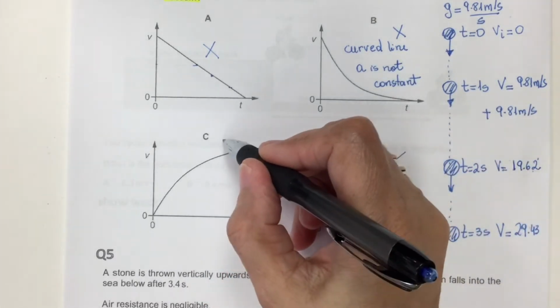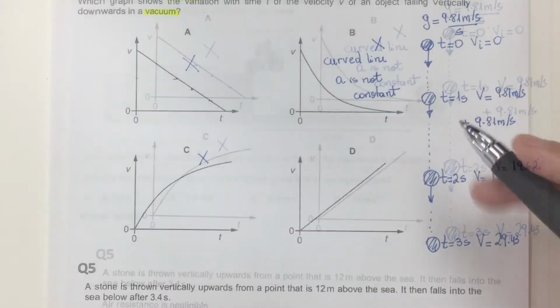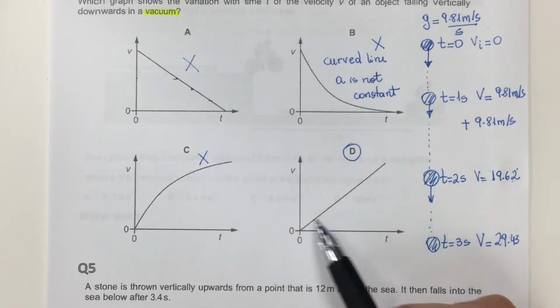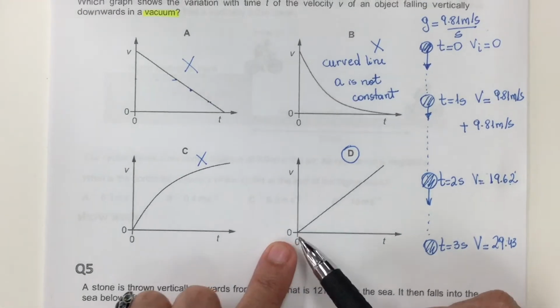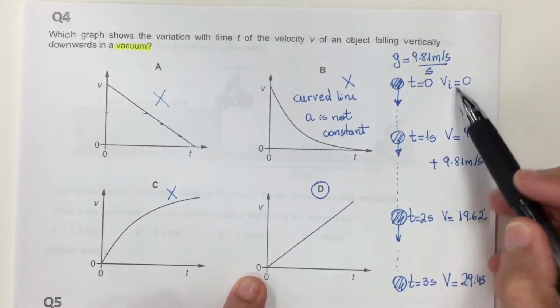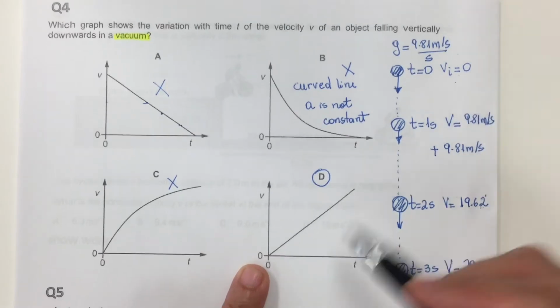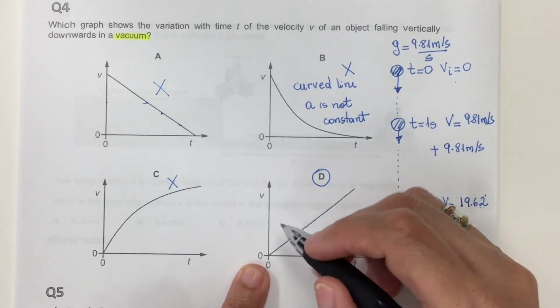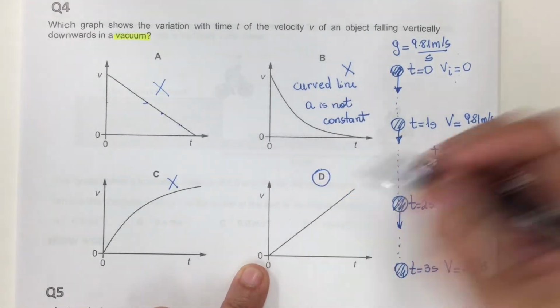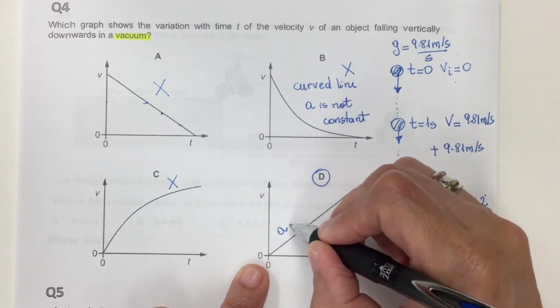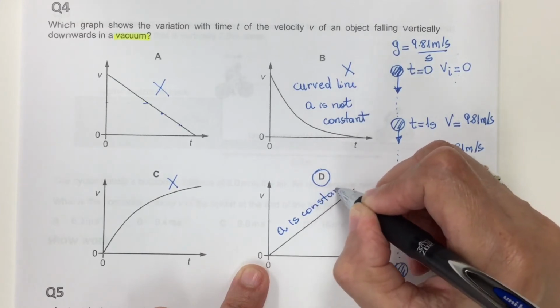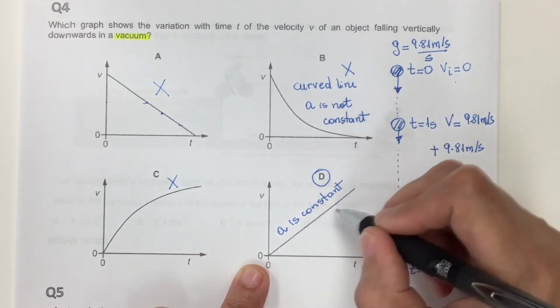So this is also not true. By elimination it will be option D, and it indicates that it starts from 0, which is correct. Time 0 is 0, and the velocity is increasing over time, and the straight line here indicates that acceleration is constant because it's a straight line.